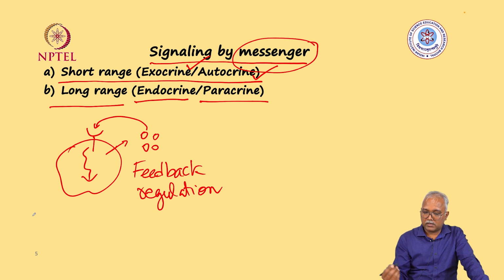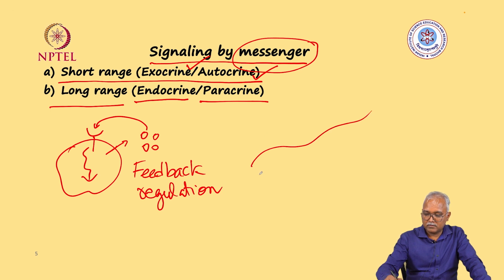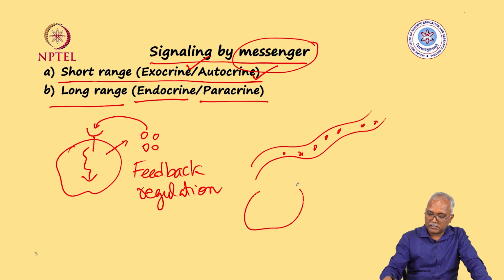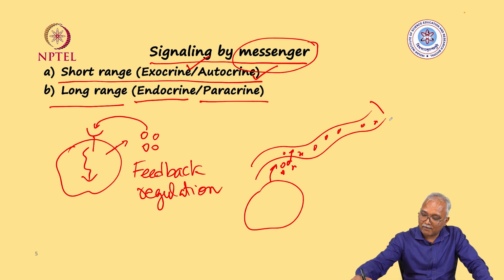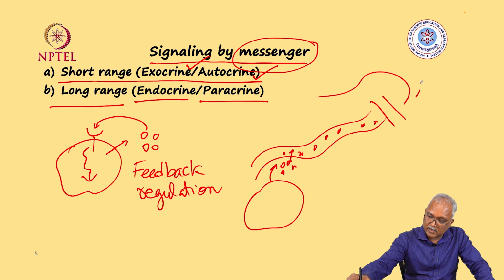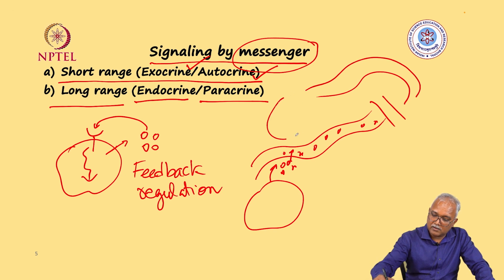So think about a situation where you have blood vasculature carrying these signals, and these signals were produced by cells which are far off in the body. The signals were taken up into the blood circulation, and at a far off distance there is another cell which has the receptor for this signal which is traveling.